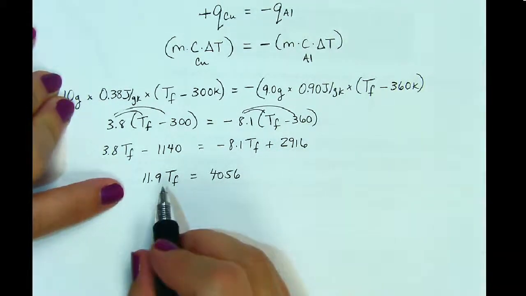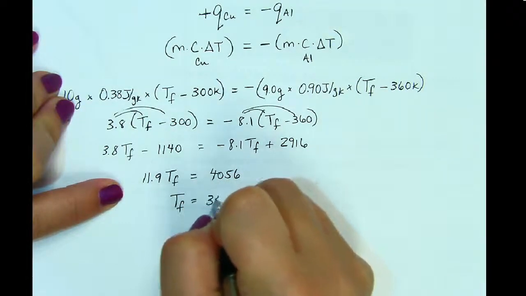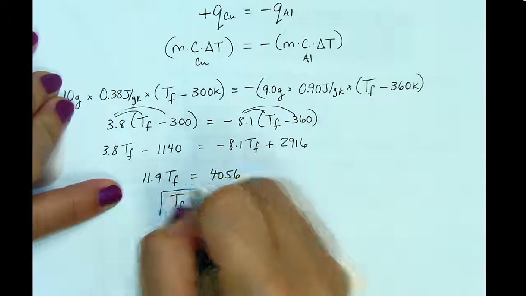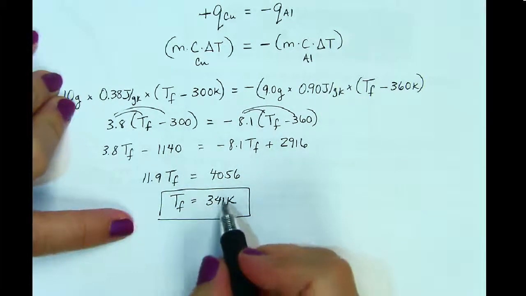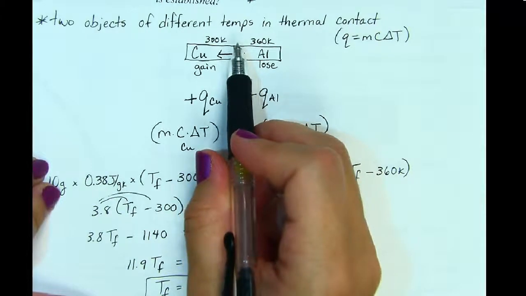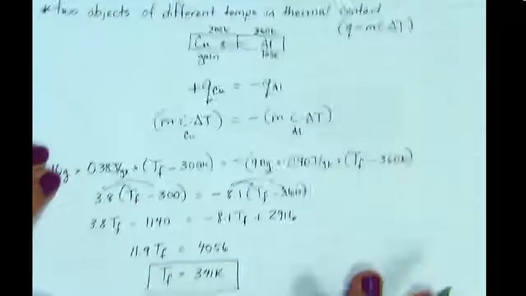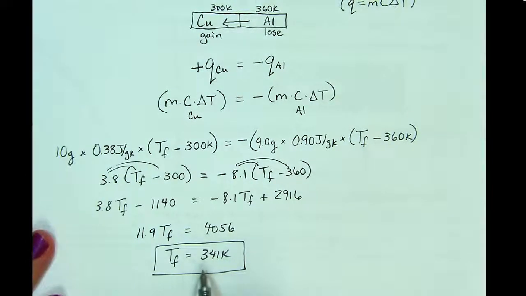Now I can just divide both sides by 11.9, and I get a final temperature equal to 341 Kelvin. This answer should make sense because it's somewhere in between the original 300 and 360, because they should reach equilibrium somewhere in between their two temperatures. And so this represents the final temperature of both objects once they reach a state of equilibrium.